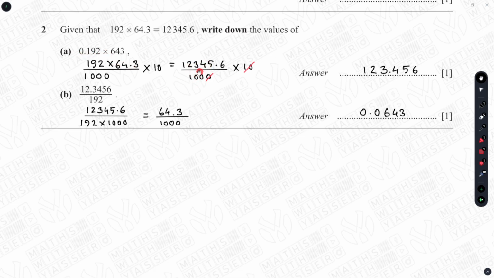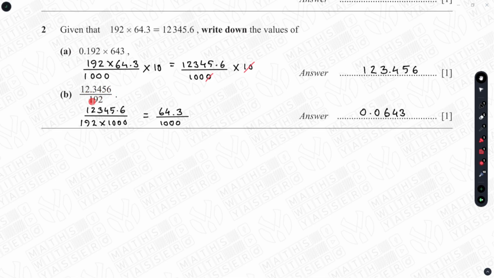So this value over 1000 times 10, and simplifying it further, we get 12345.6 over 100. So we just need to move the decimal 2 places to the left, and that will be 123.456.